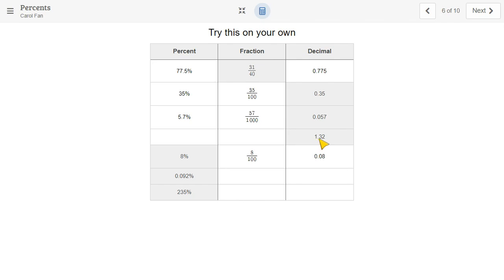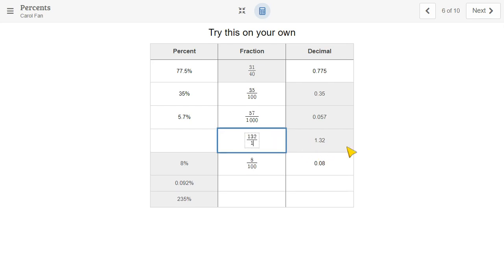Okay, 1.32. 2 decimal spots, we're going to put it over 100 because 100 has 2 zeros. As a percent, I take my decimal spot and move it 2 steps to the right, 132%. Okay, 0.092%.